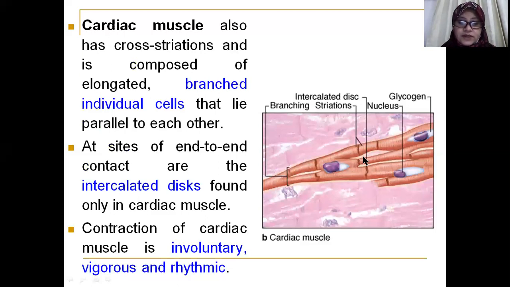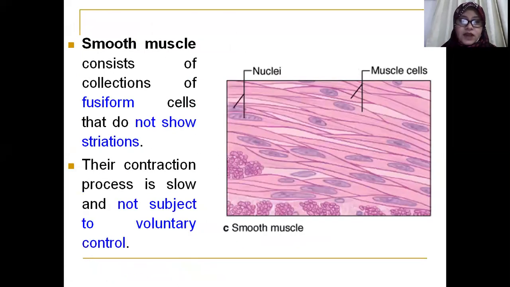Contraction of cardiac muscle is involuntary, vigorous, and rhythmic. Smooth muscle consists of a collection of fusiform cells that do not show striations. Their contraction process is slow and not subject to voluntary control.